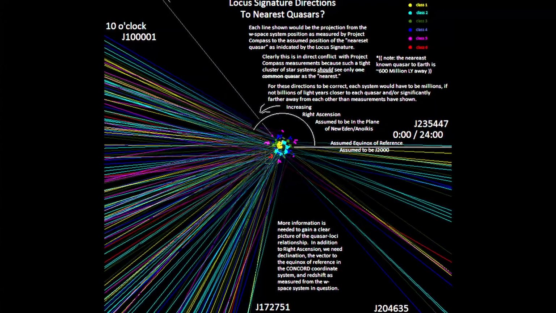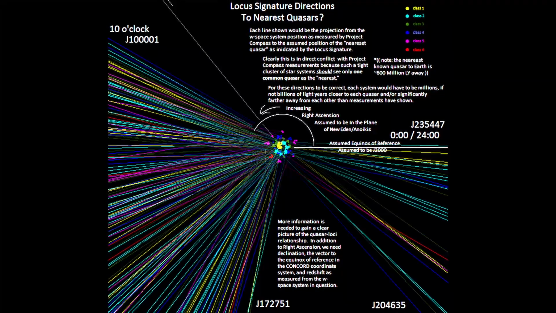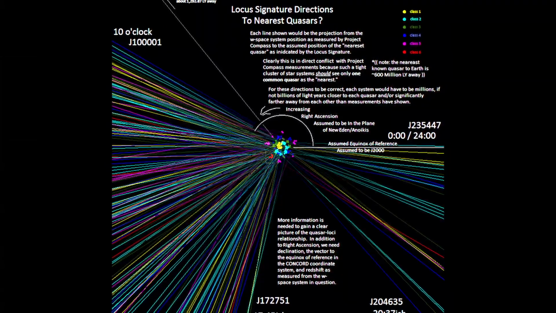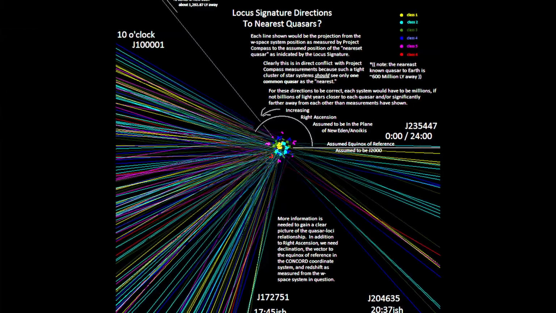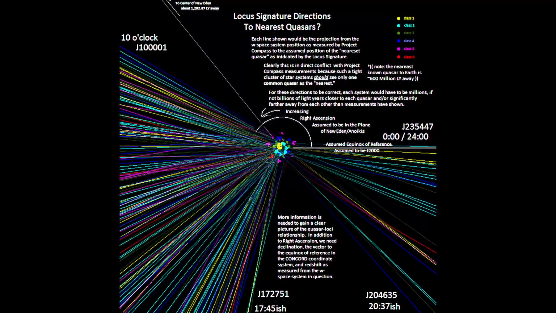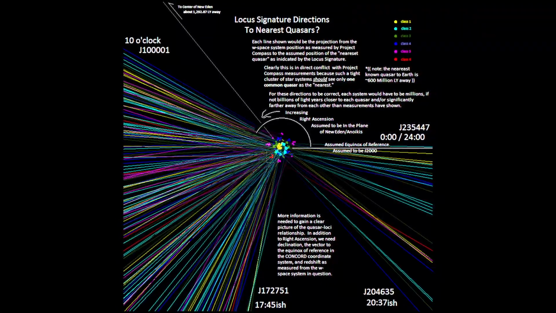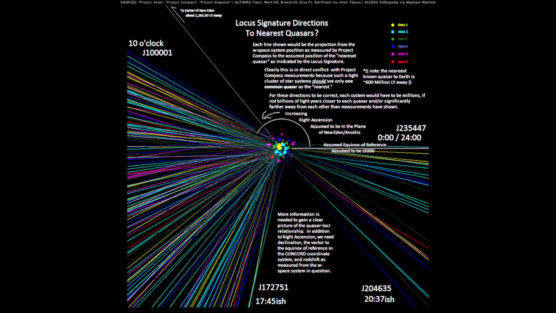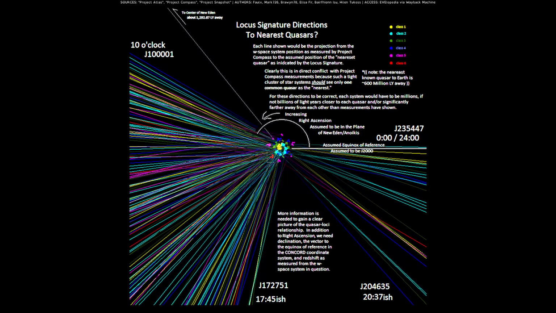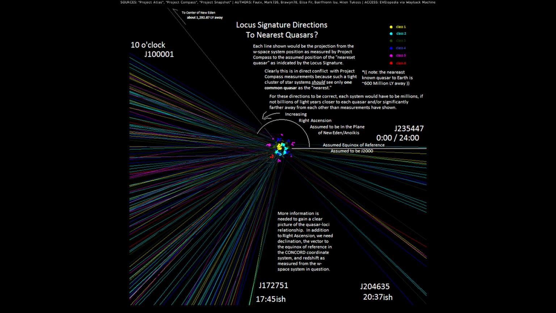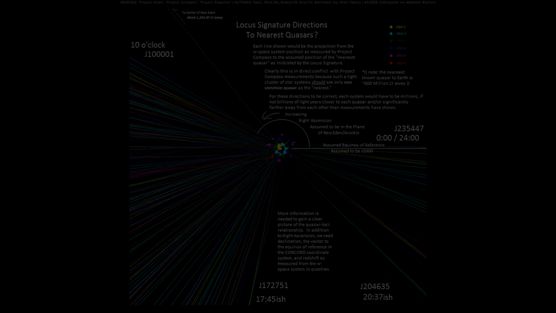And the other two are 0 to 59. According to the lore, this vector should point towards the nearest quasar, but according to Project Compass, this idea may have been abandoned at some point during the creation of the lore, or we don't fully understand the implementation.